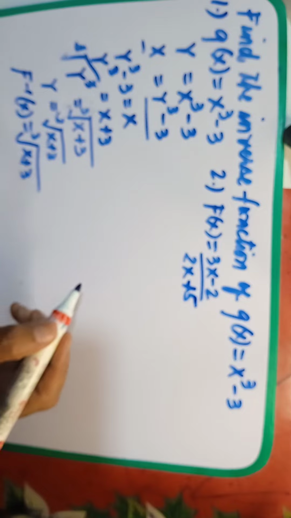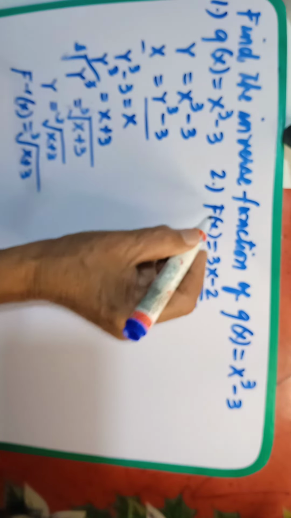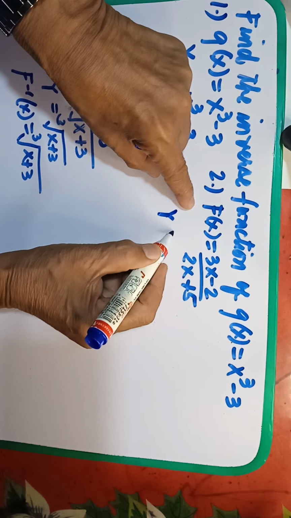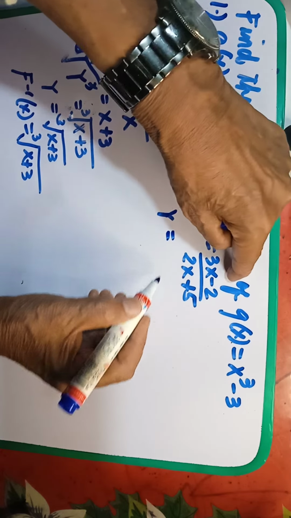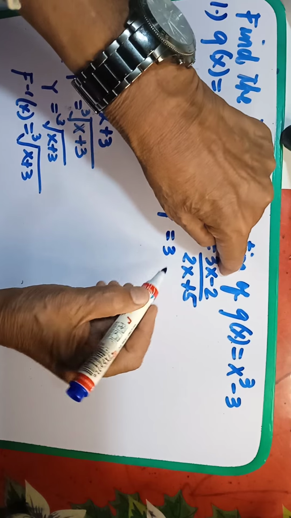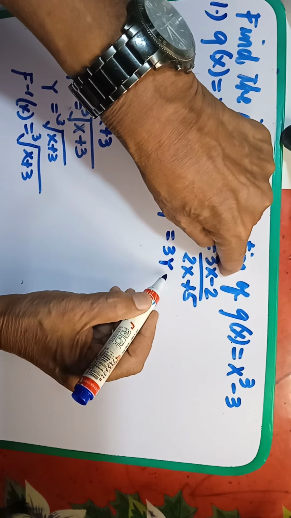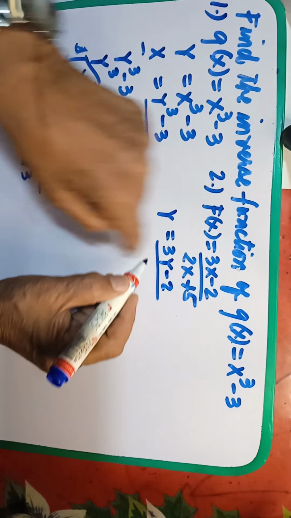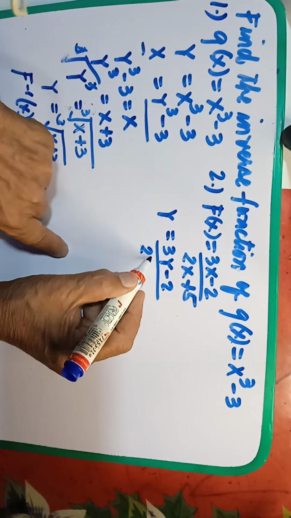Okay. So we change f of x to y equals 3 change x to y minus 2 over change x to y plus 5.